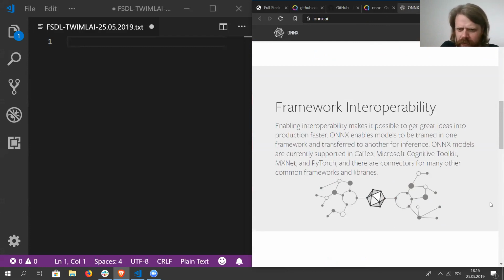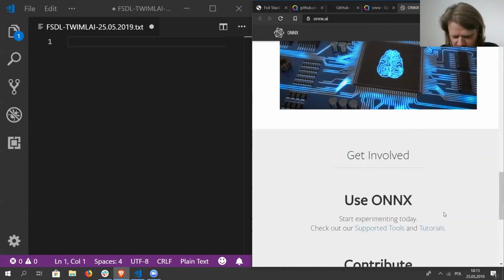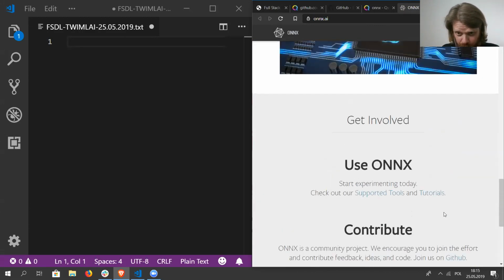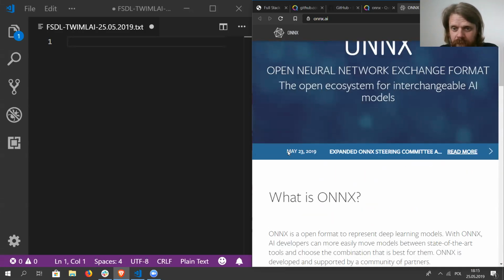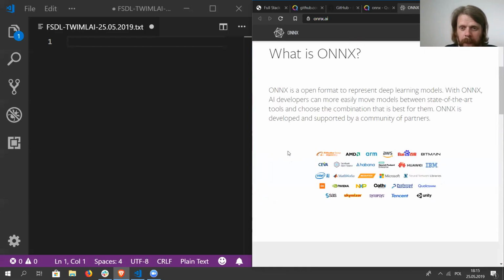It seems like Caffe2, Microsoft, MXNet, PyTorch, and many other frameworks, but maybe if we read the small print, we can find it out. Not so sure. That's okay.